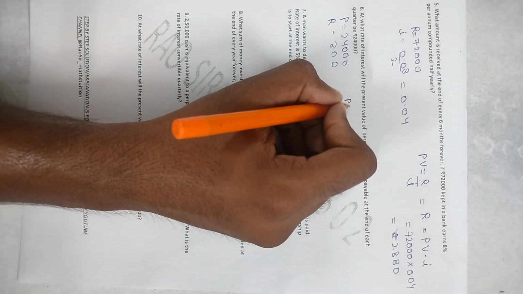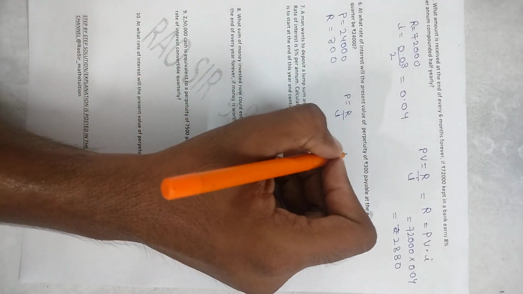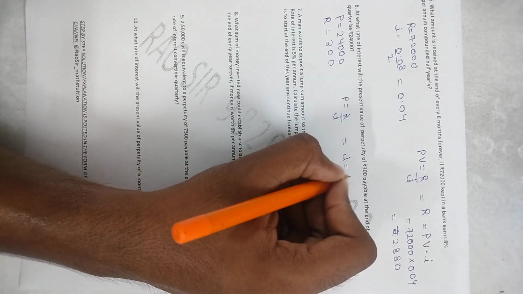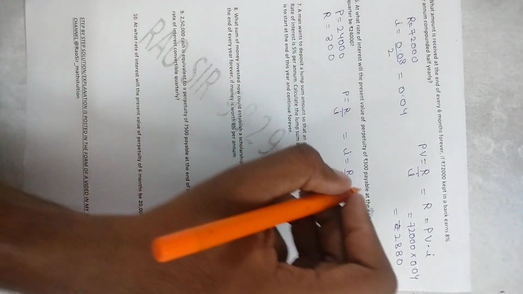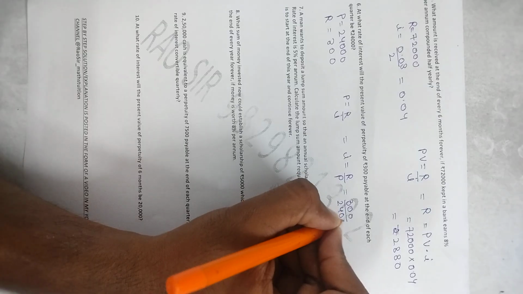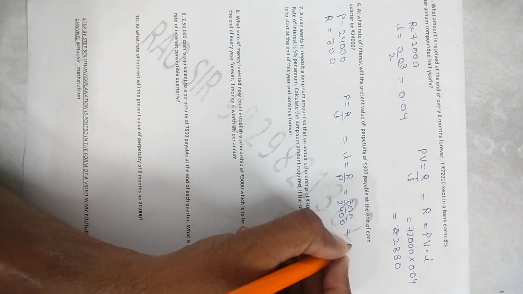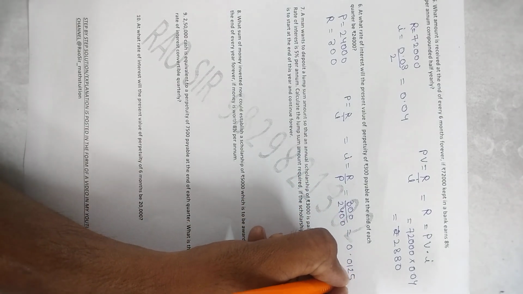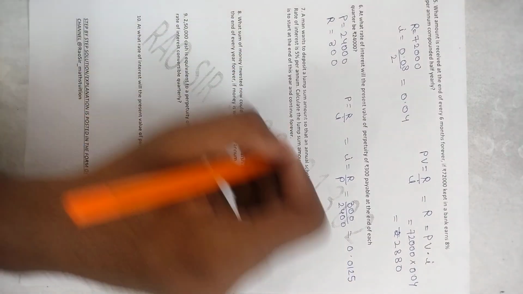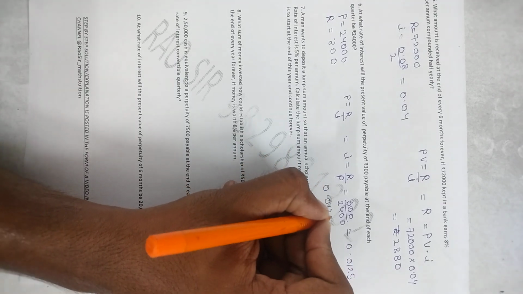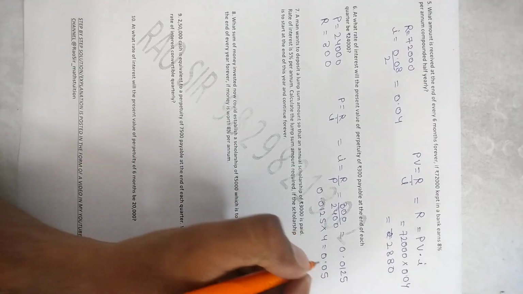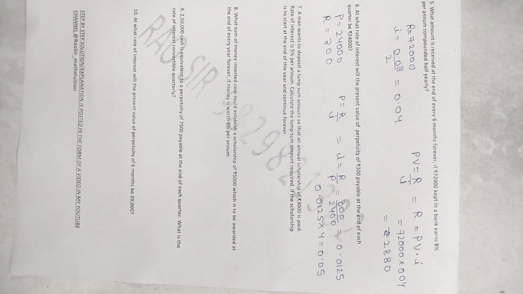Now we are using the same formula to find out I. Into 100, that gives us 0.05.